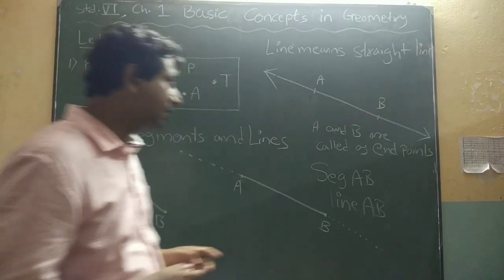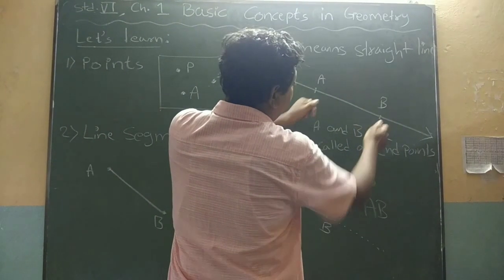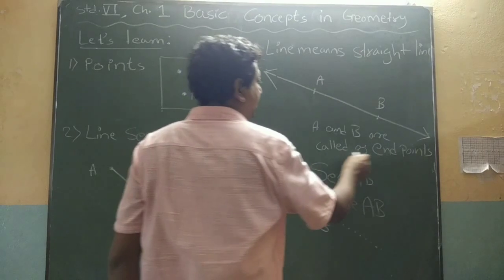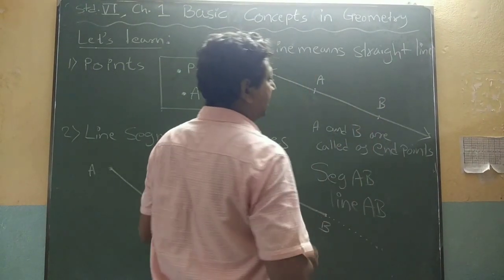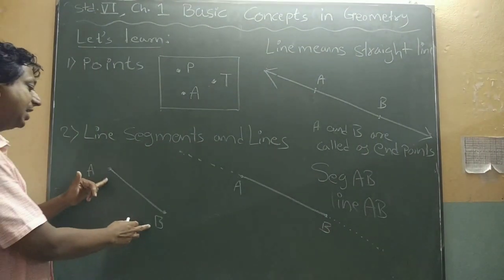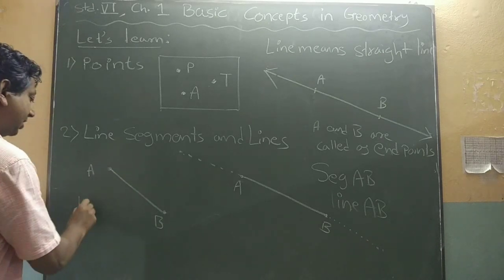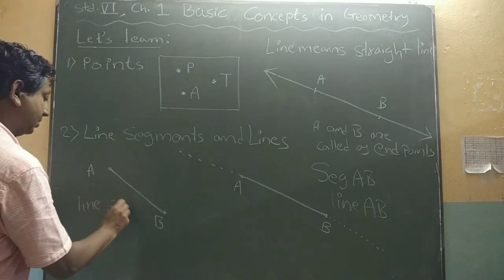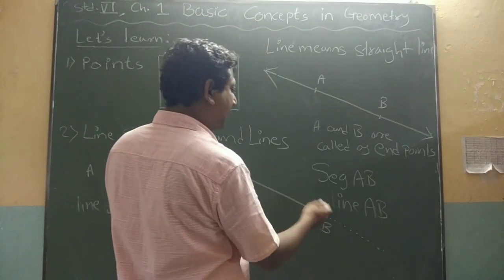Remember this. Now here A and B are called end points of the segment. If you are talking only about this part, then A and B will be end points. For example, here A and B are the end points of the line segment. This AB is a part.